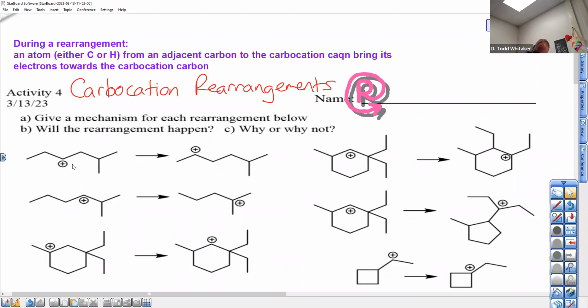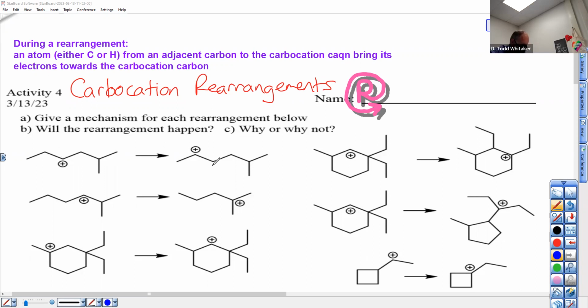He knows his stick figures well enough to know that there were 2 H's on this carbon and only 1 H on the same carbon over here. Yeah, he knows that. So he knows one of them moved. And this carbon now has how many H's? 2. How many did it have before? 1. Yeah.